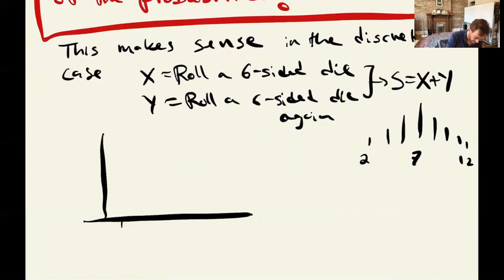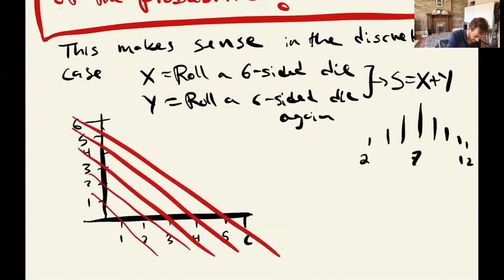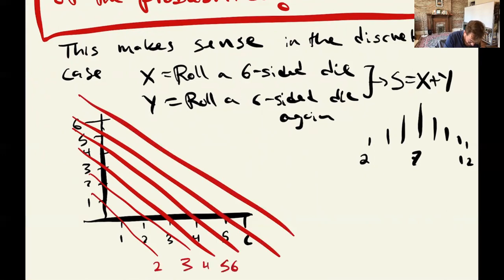So we had 1, 2, 3, 4, 5, 6, 1, 2, 3, 4, 5, 6. And now you look at possible values for the sum. That effectively involved going across these diagonals, where we had 2 and 3 and 4 and 5 and 6 and 7, 7 having the longest intersection with this sort of rectangle of possibilities.